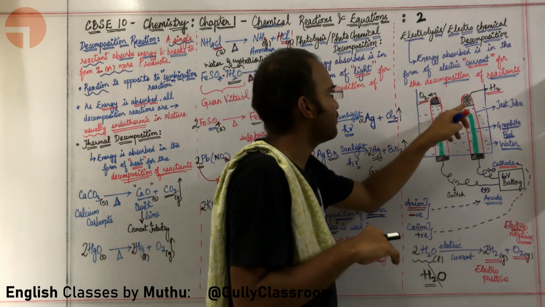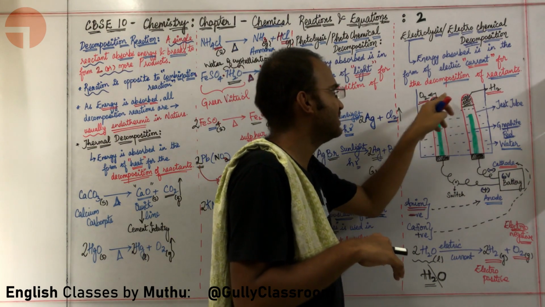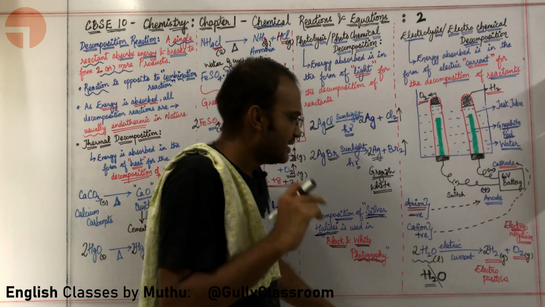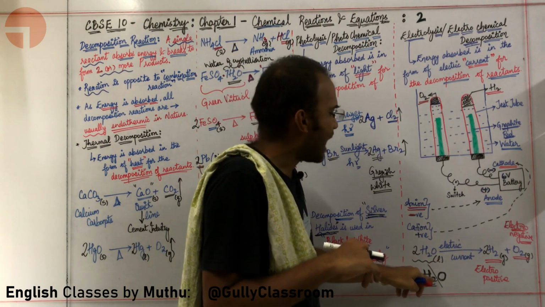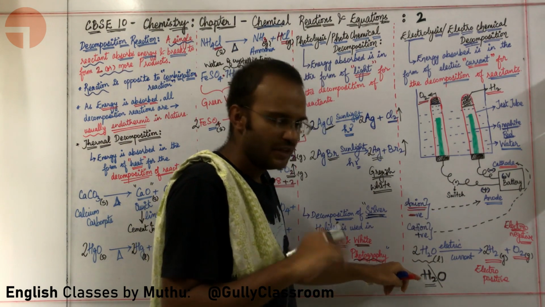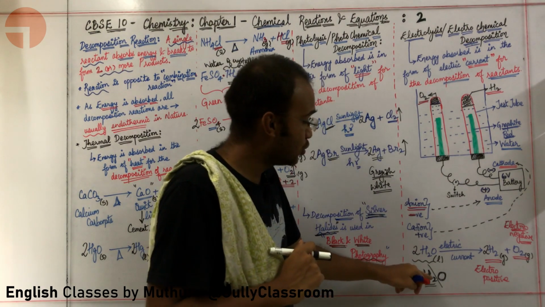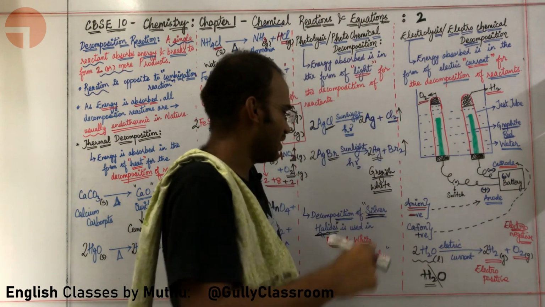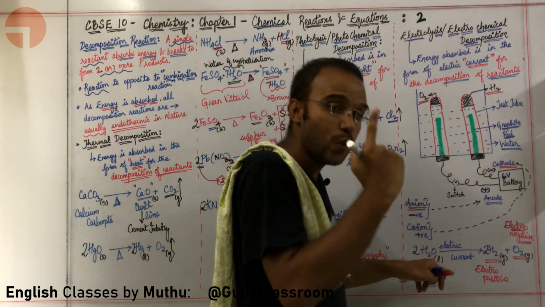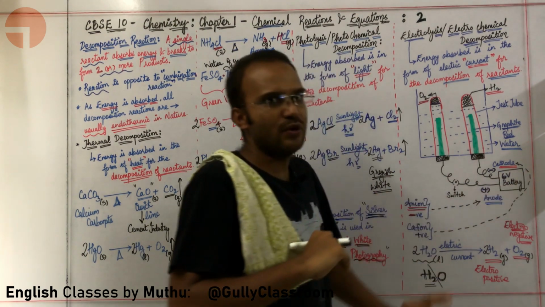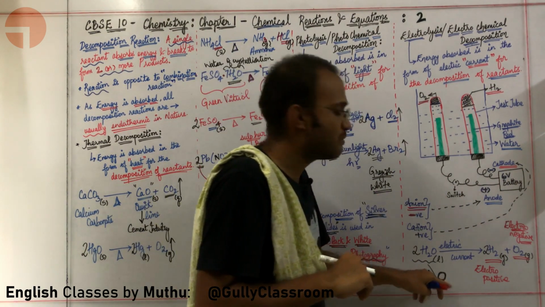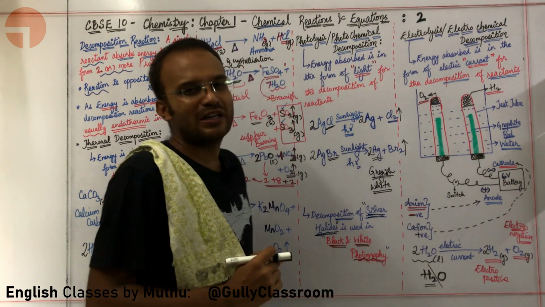The volume of hydrogen collected will be double that of oxygen, because there are 2 atoms of hydrogen in every water molecule, and just 1 atom of oxygen for every water molecule.